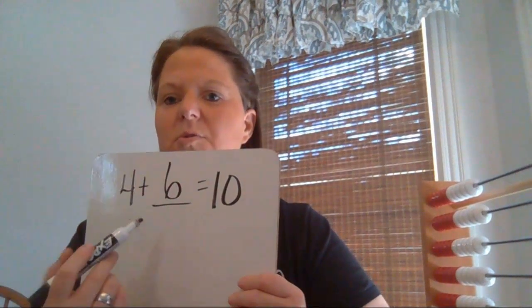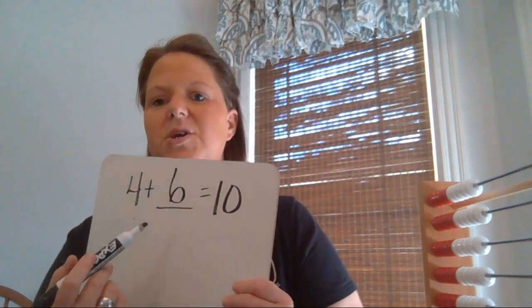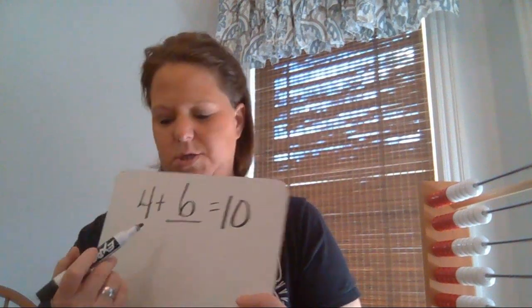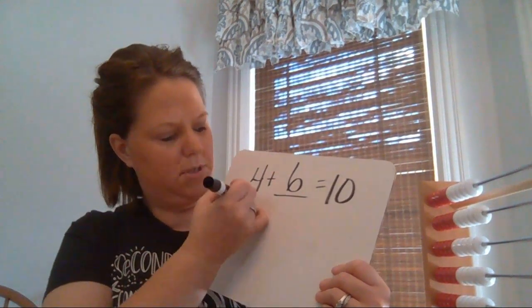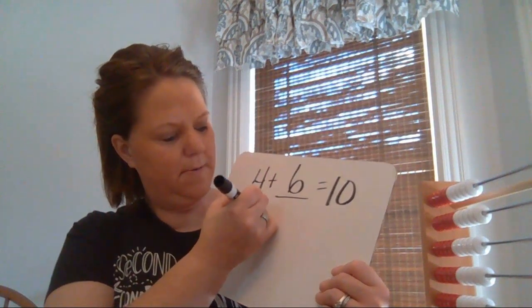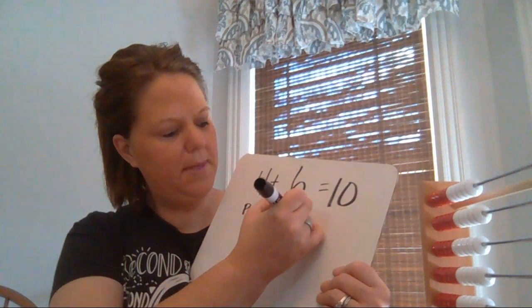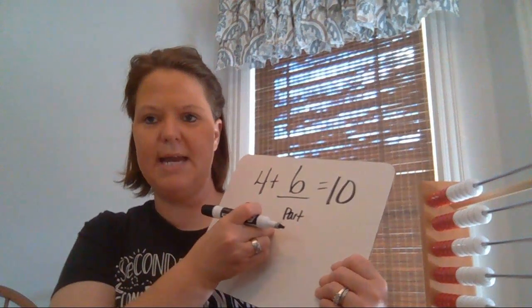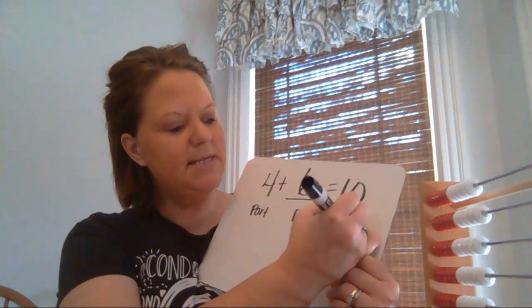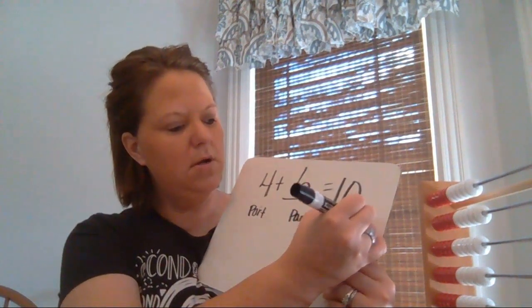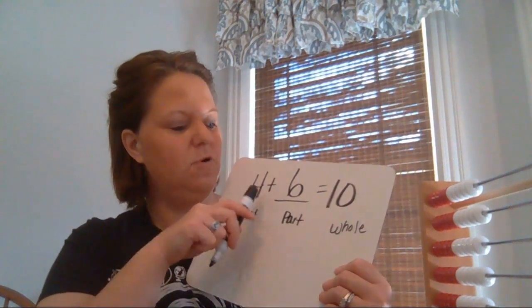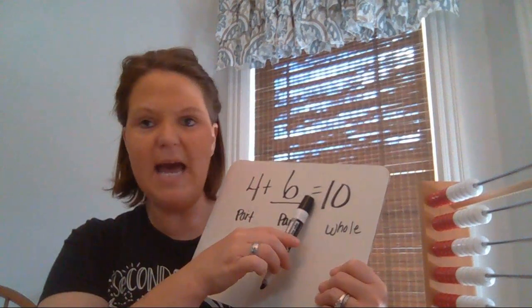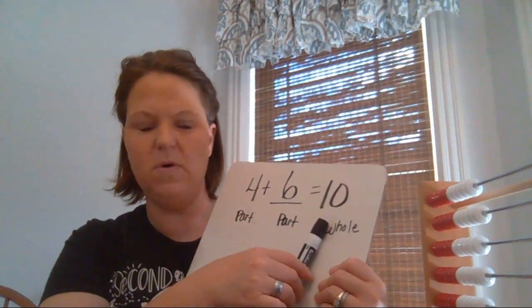Just to go over a little bit about a number sentence, you know that you have a part, and these are the two things that you are adding together, and then this is your whole. Now, lots of times I'll say 4 plus 6 is the same as 10, okay?